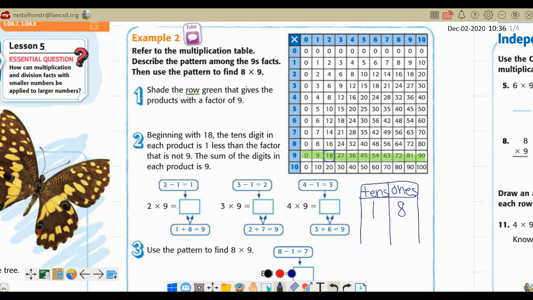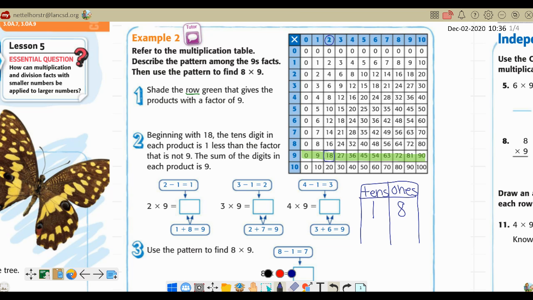So it says the tens digit of the product is 1 less than the factor that is not 9. So let's look at the factor up here. So 18, what's the factor? It's 9 times 2. So 2, the tens place is 1 less than 2. That's true. If you take 1 away from 2, it's 1.